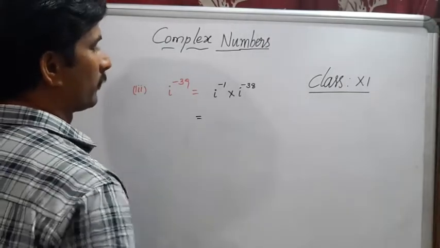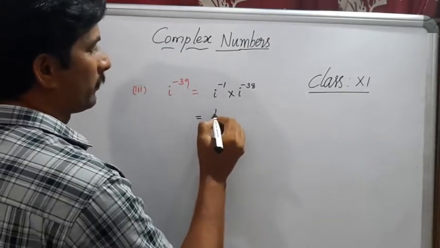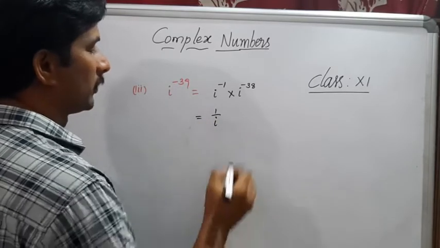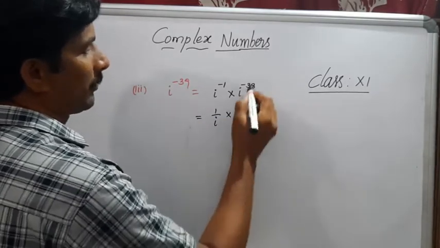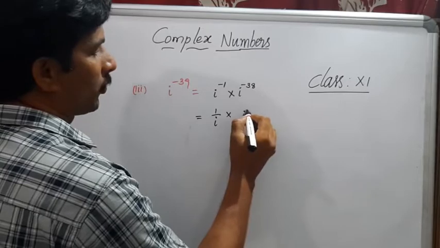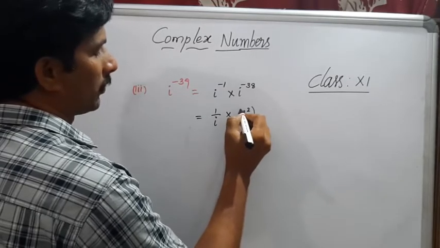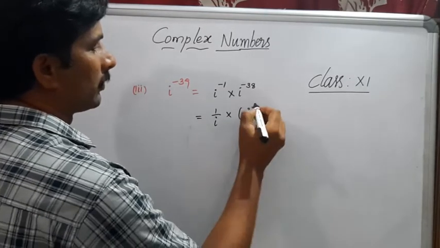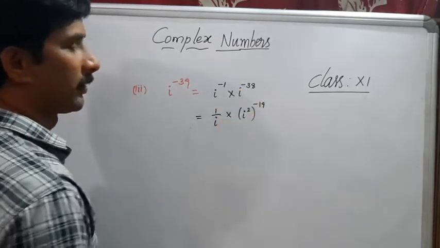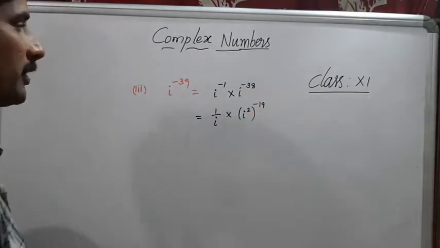That is equal to i power minus 1, which means 1 by i, into i power minus 38, which can be written as i square whole to the power minus 19.